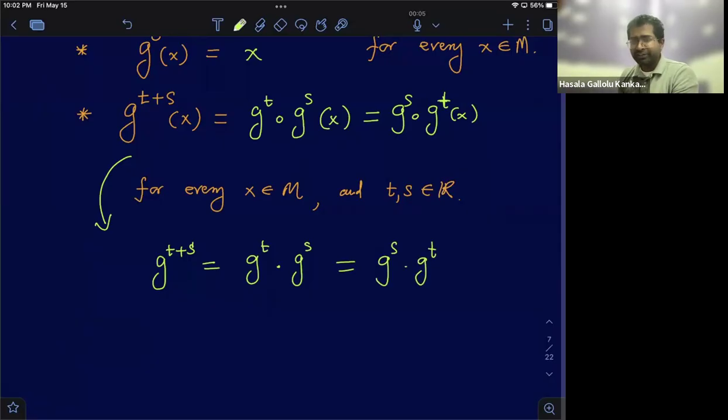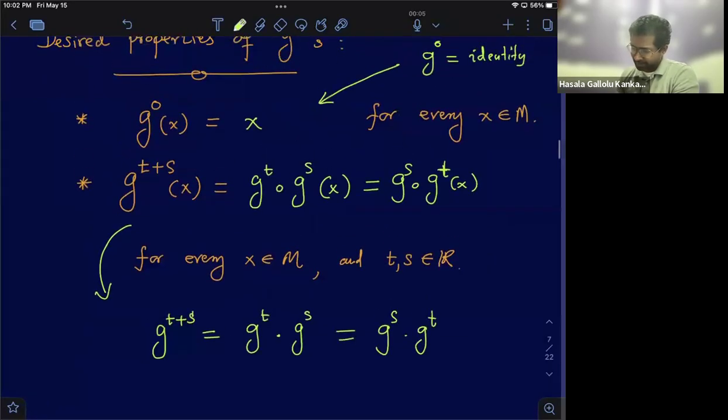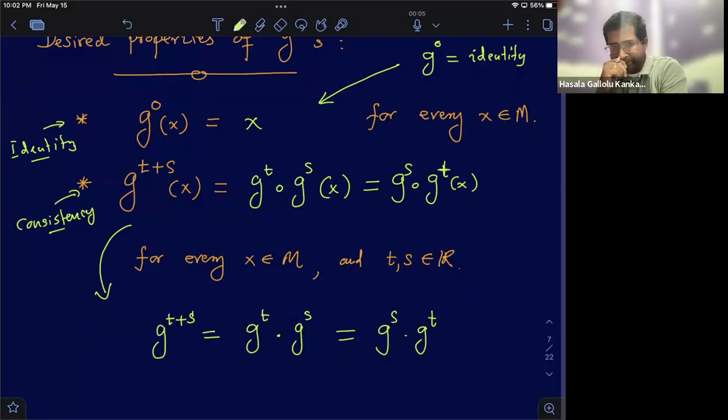Now, the interesting fact is this property, the second property, actually the first one is called identity. Of course, you see the reason. The second one is consistency. In dynamical system setting, we just indicate these properties.